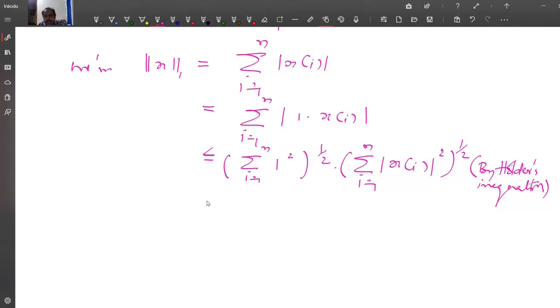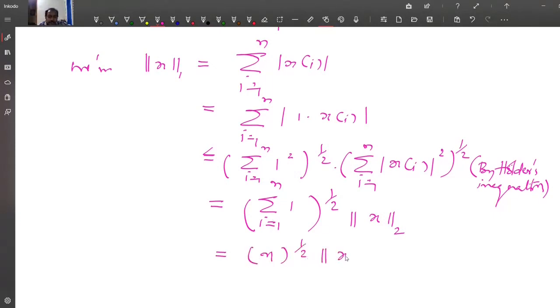That is, this is equal to sigma i equal to 1 to n 1, the whole raised to 1 by 2, into this is 2 norm of x. Sigma i equal to 1 to n, 1 is n. So this is equal to n the whole raised to 1 by 2 into 2 norm of x.